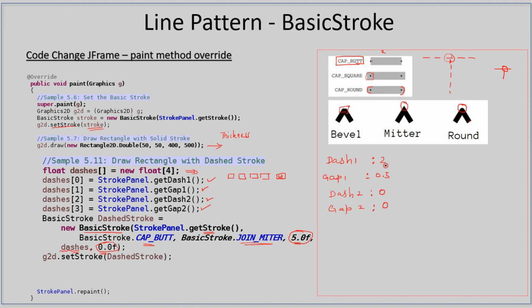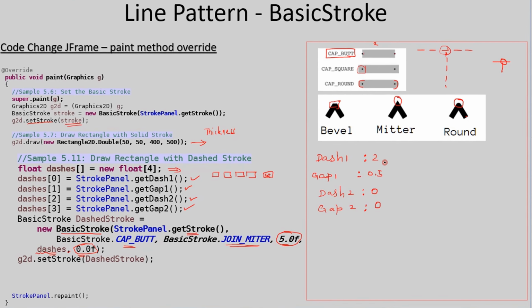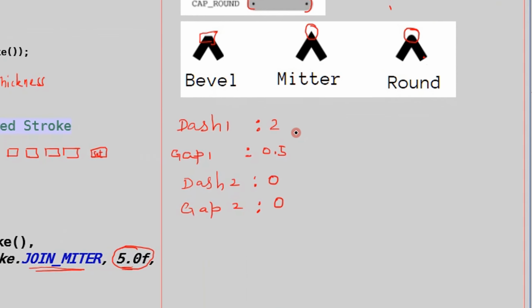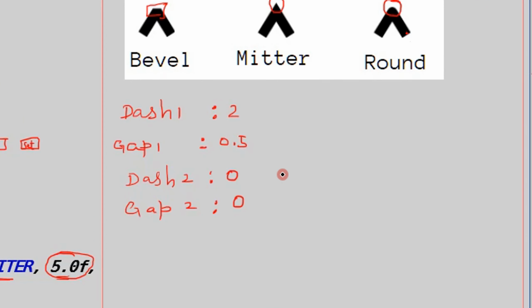Now if you draw whatever shape you want, the shape can be anything. It can be a circle, rectangle, or line. For simplicity, let's assume a user is drawing a line, and dash is 2, gap is 1.